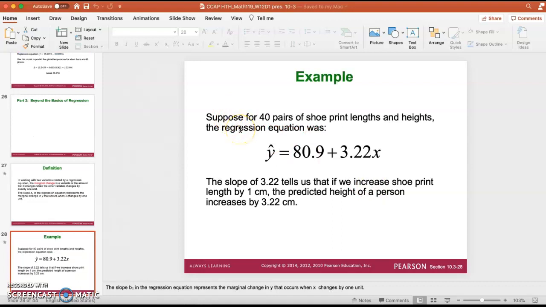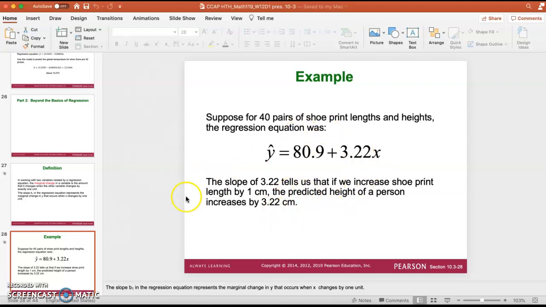Suppose for 40 pairs of shoe print lengths and heights, the regression equation was y hat equals 80.9 plus 3.22x. Now the slope of 3.22 tells us that if we increase the shoe print length by 1 centimeter, the predicted height of a person increases by 3.22 centimeters.